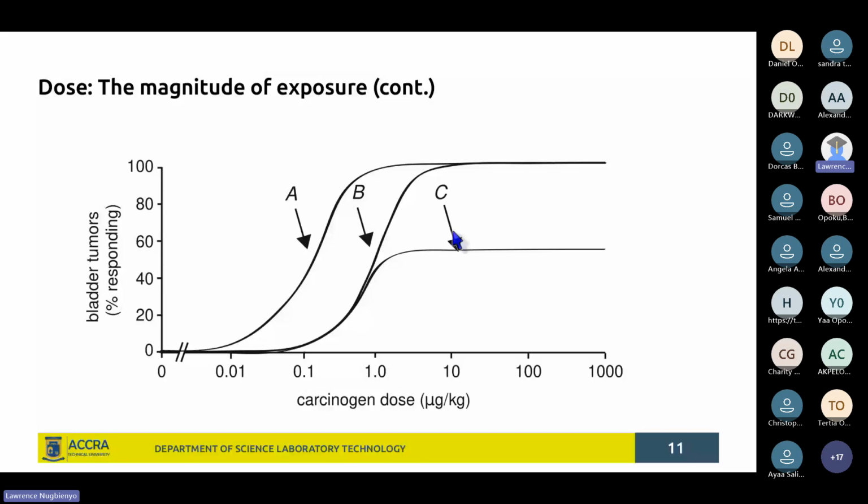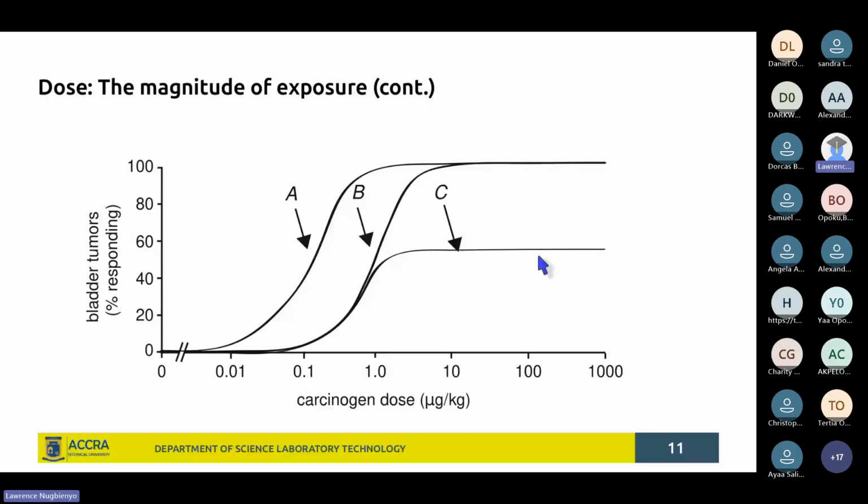How about if we talk about efficacy? That's efficacy. So if you take a look at substance A and B, they have reached up to, say, 100% of toxic effect. But substance C reaches just about 50%.